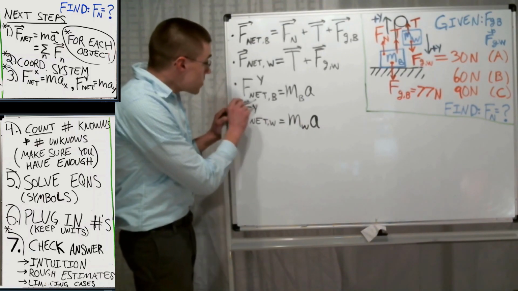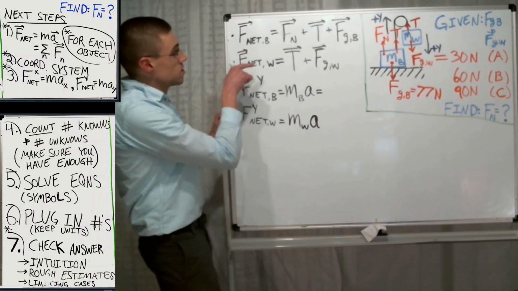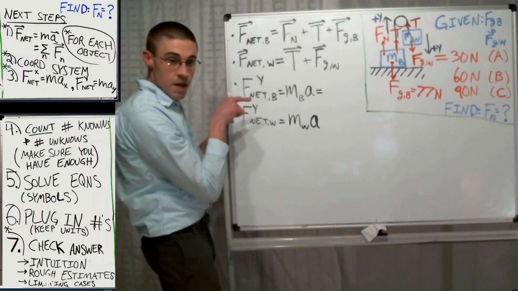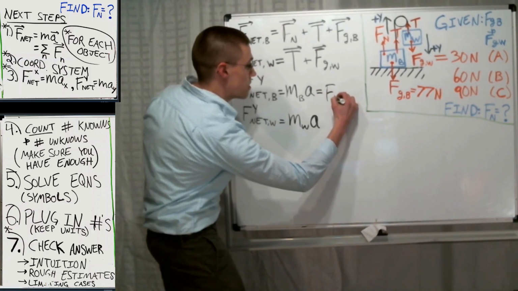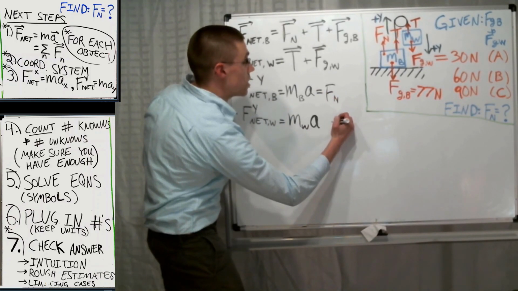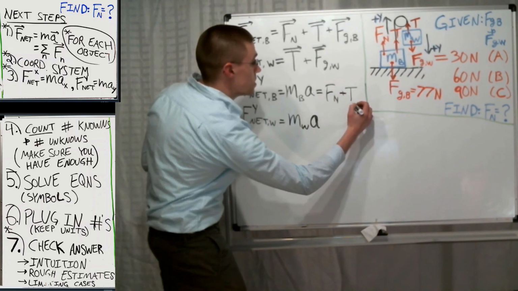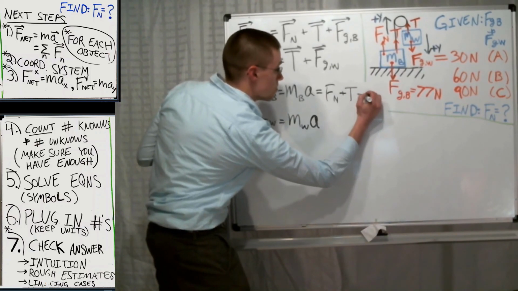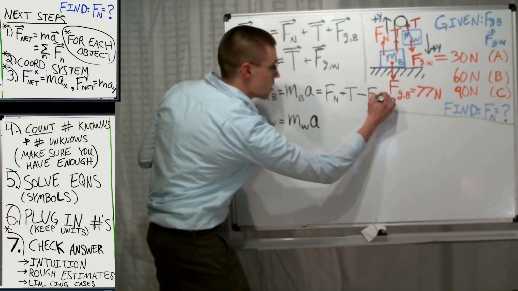So I have F net in B is equal to MA, and I can put that in terms of the individual forces, and now I need to be careful to make sure that the signs match up, right? So Fn is pointing up, so it's positive. T is pointing up, so it's positive. And the force of gravity on B is pointing down, so that one is negative, minus FGB.